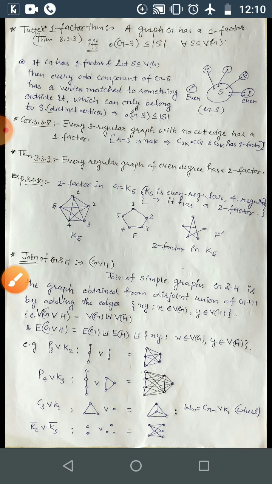I think this is a very precise definition. Now, how to draw the join of these two graphs?